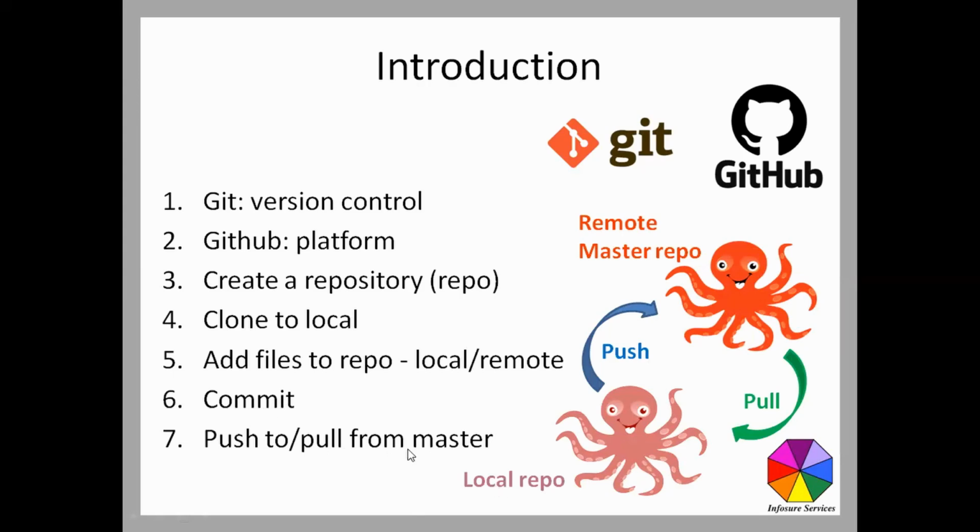Okay, and from the local you can do a push to the master, and the saved file goes to the remote repository. And similarly you can pull from the master.